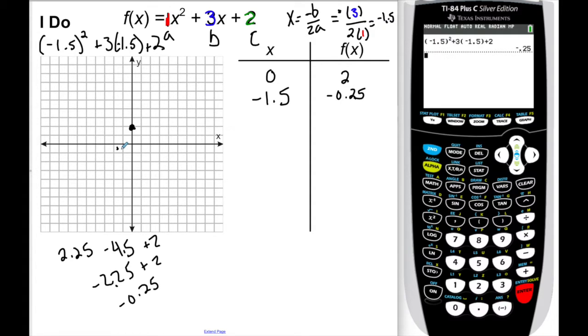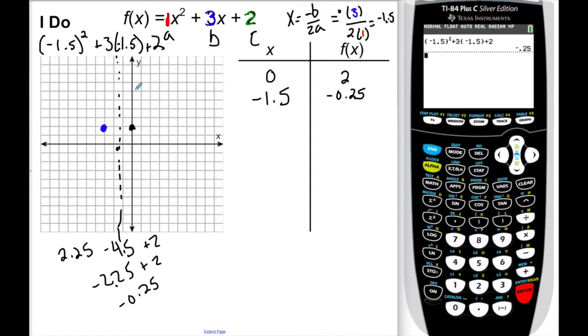All right. So, where to next? Well, now we have this negative 1.5, negative 0.25. What this gets me is this amazing symmetry. What I know is that there's this invisible line right down the middle, so that if I have a point that's on the graph of the function, its mirror image will always be on the graph of the function.